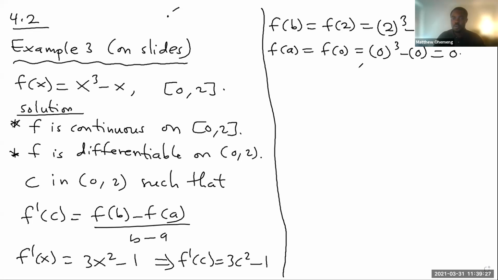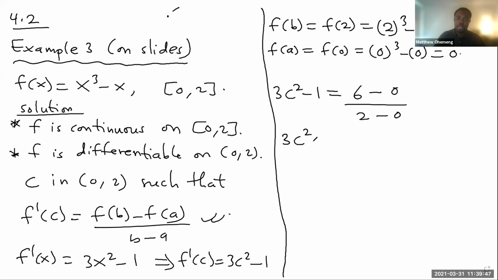Okay, so I have the values of the two endpoints, right? So putting everything together in this equation, I have f prime of C, which is 3c squared minus 1, equal to f of B, 6, minus f of A, 0, all over B minus A. B is 2 minus A, which is 0. Right, so solving this, I have 3c squared minus 1 equal to 6 divided by 2, which is 3.